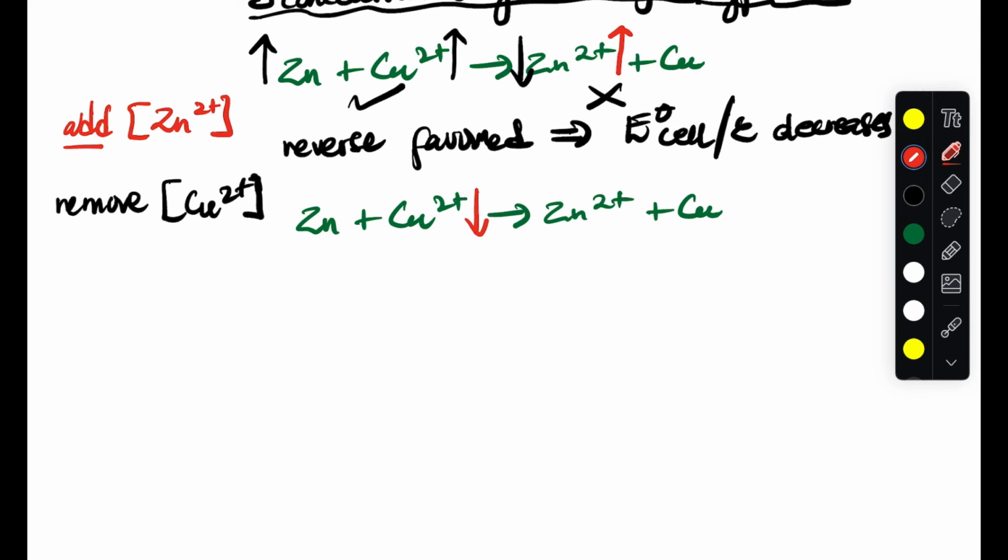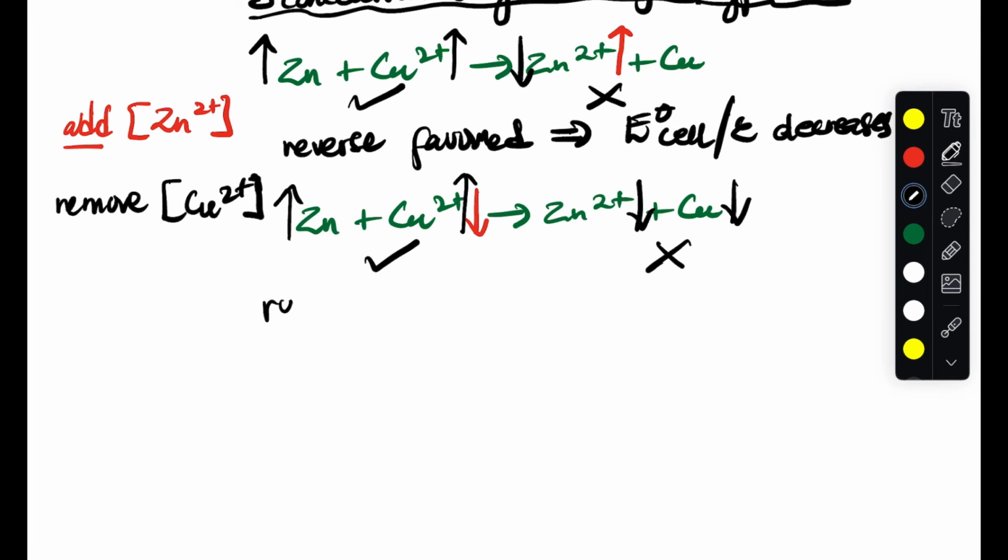This is the disturbance. According to Le Chatelier's principle, the system is going to increase it, and decrease the product. So the forward is not favored, the reverse is favored.